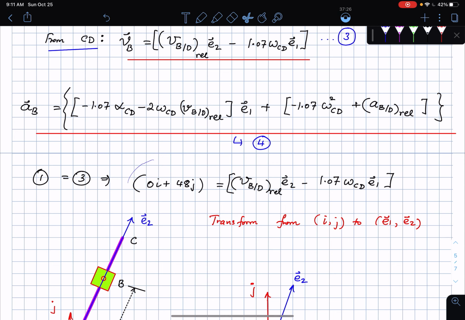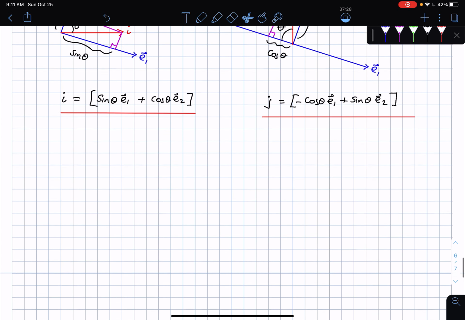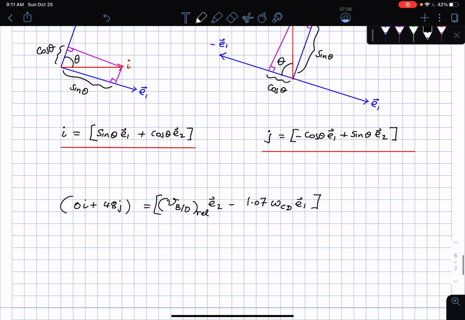So now I'm going to take my equation from here. I'm going to copy that and bring that down here. So this is the equation I have. Instead of J, I'm going to substitute for E1 and E2, and theta is 60 degrees. Here theta is 60 degrees. That's the same theta here as well. So here too, theta is 60 degrees.